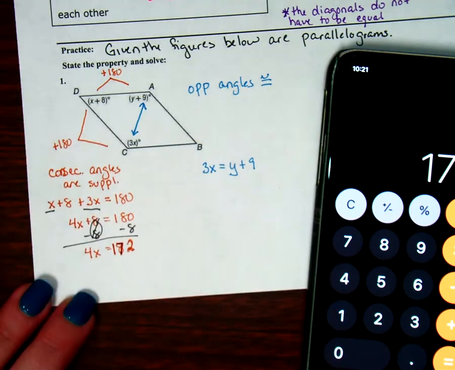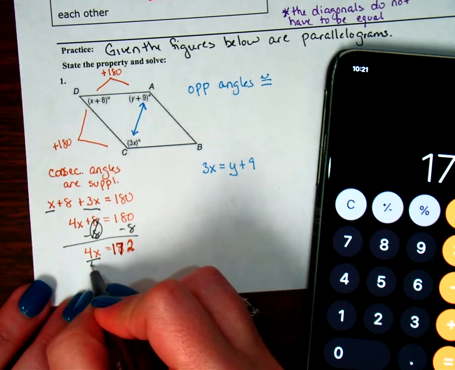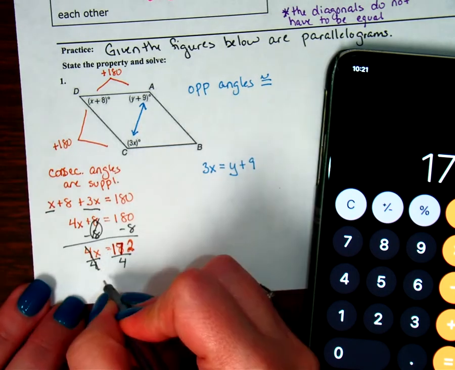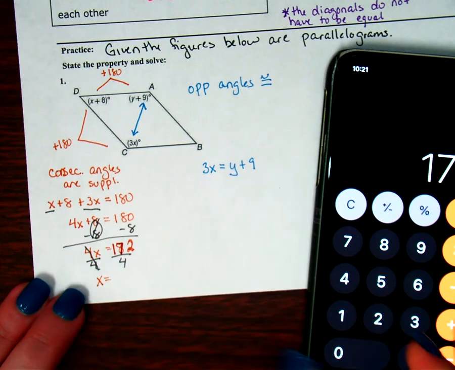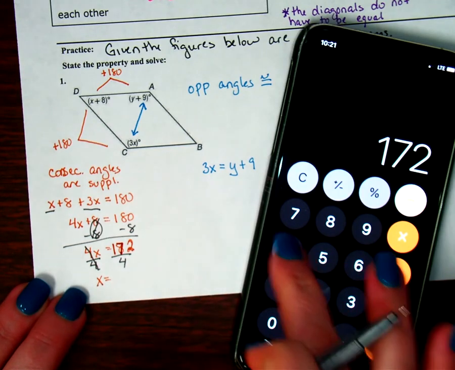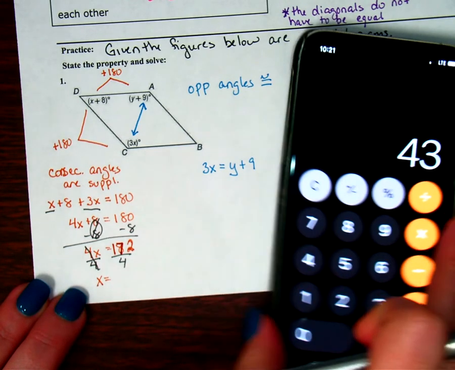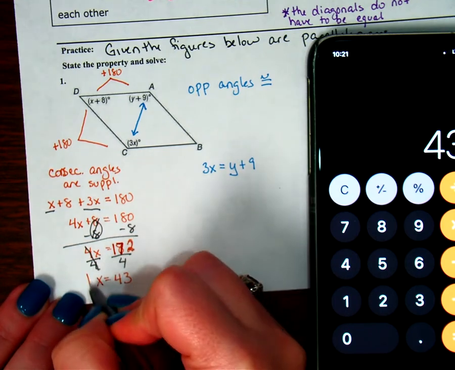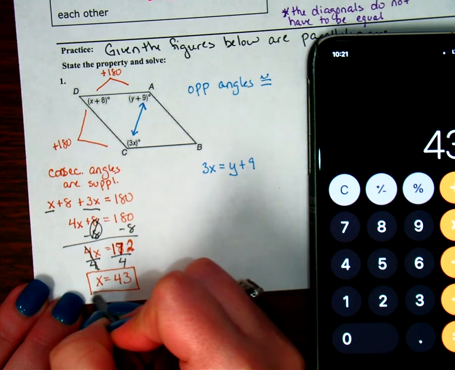Okay? All right, so now I have 4x equals 172. I'm going to divide both sides by 4. And x equals 172 divided by 4 gives me 43. So I have x is 43.